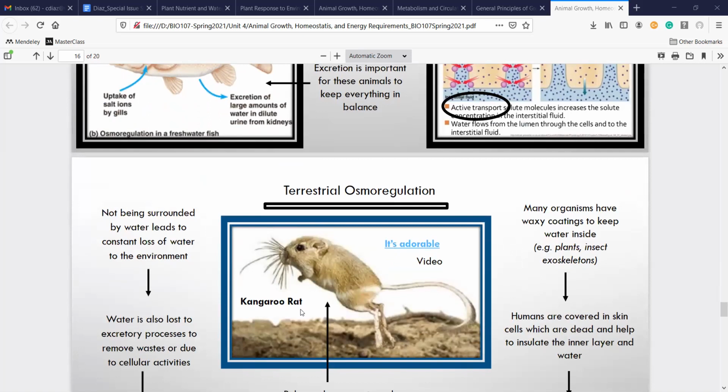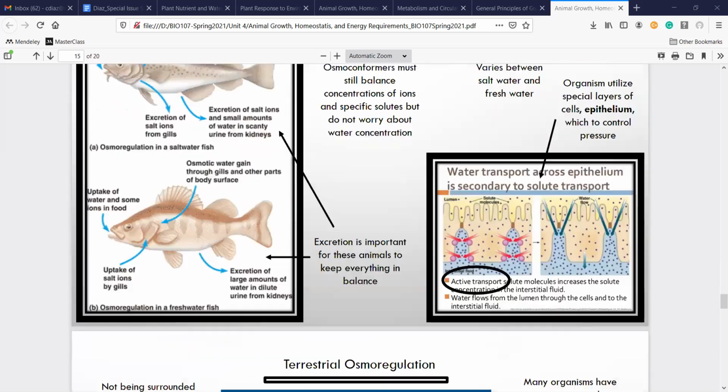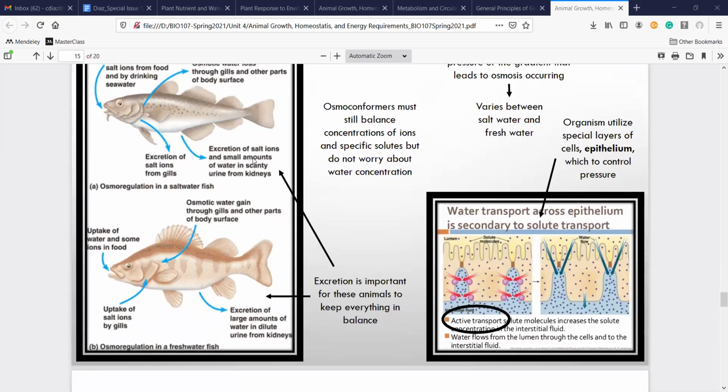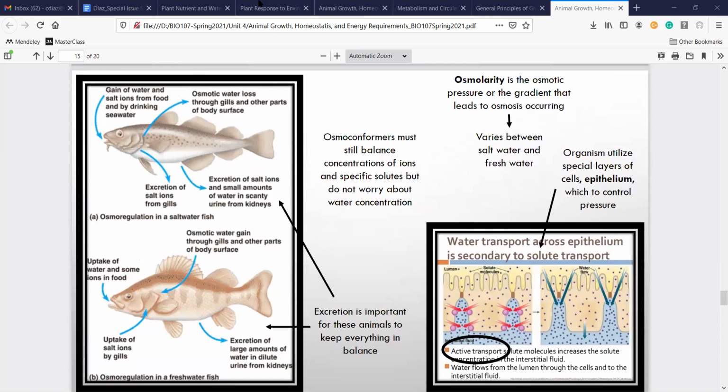So they get a decent amount of their water from eating, which is great because they're losing so much of it. Things in the water, however, will vary in their adaptation based on where they're from. So for a saltwater fish, so Nemo, as it's eating things, as it's sitting in the water, it's going to be gaining lots of water and salt into its body.